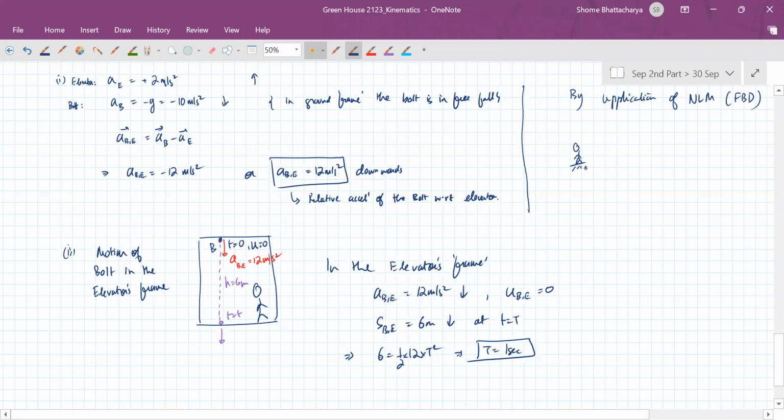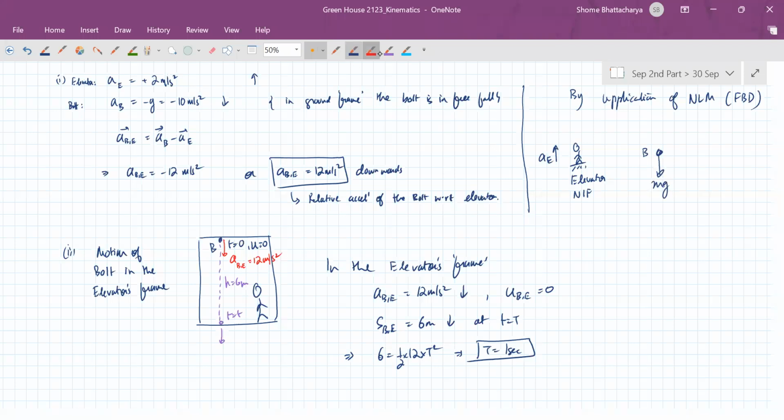If you're in the frame of the elevator, a non-inertial frame, going up with an acceleration of AE, then the bolt experiences its own weight.